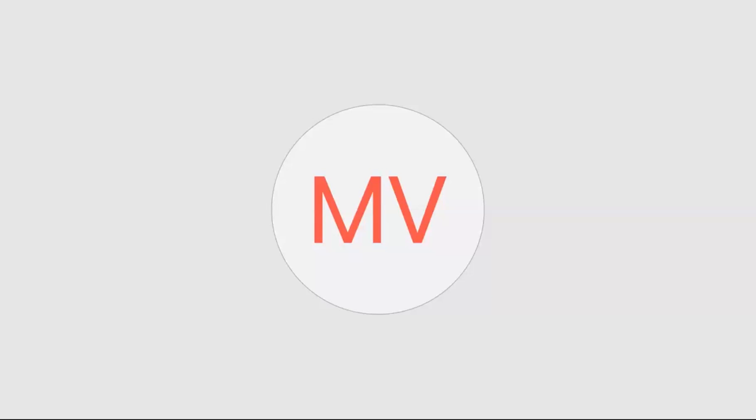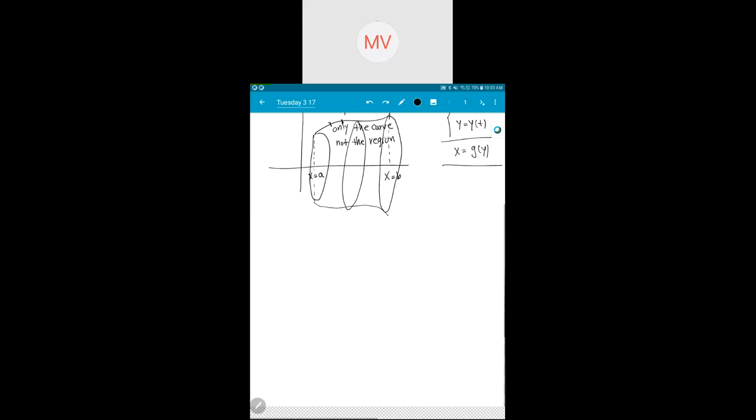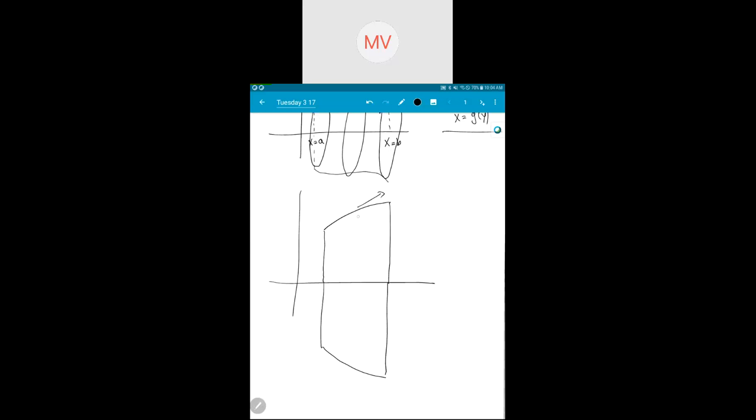Now, this guy has a length, right? In fact, let's do it this way. So let's go ahead and rotate it. So if this rotates, it's going to make a band almost, right?